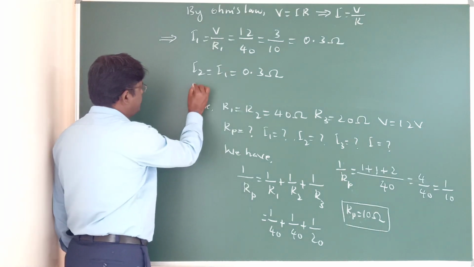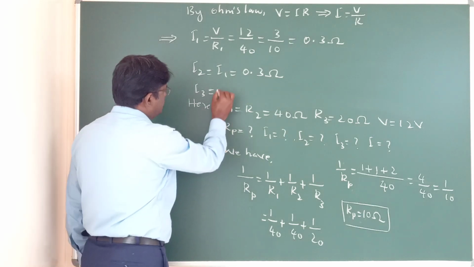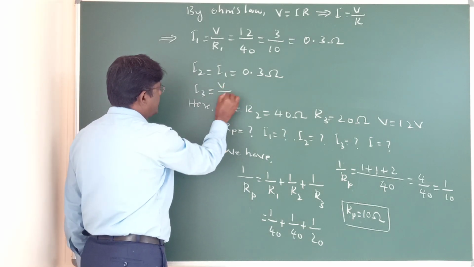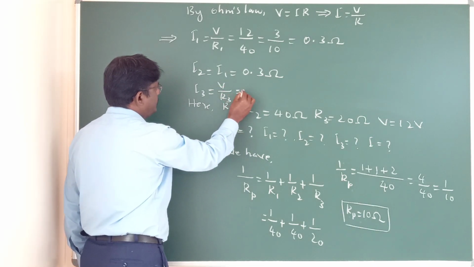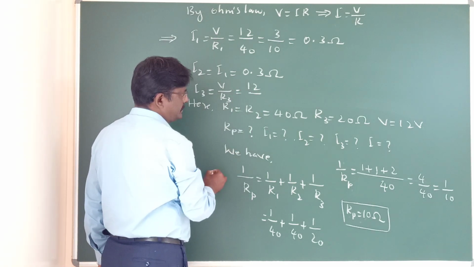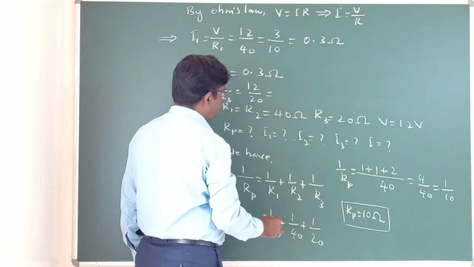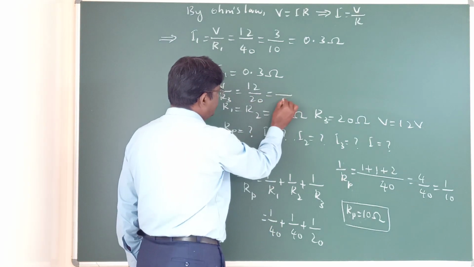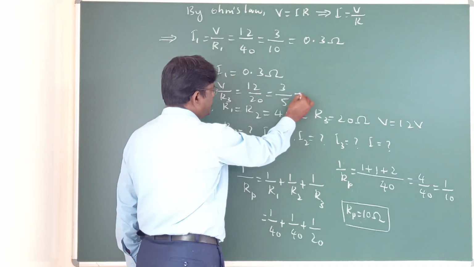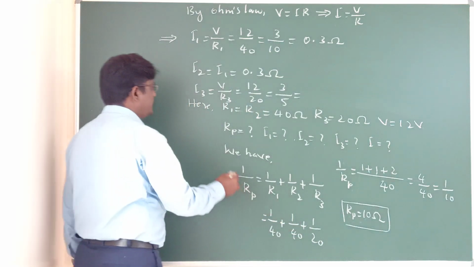Next, I3, the current through the third resistor, is V by R3. V is 12, R3 is 20. It goes divisible by 4. 4 5s are 20, 4 3s are 12. Therefore, when we divide, we will get 0.6.